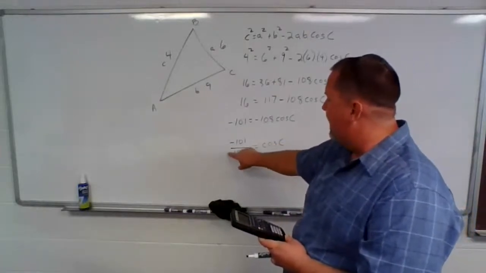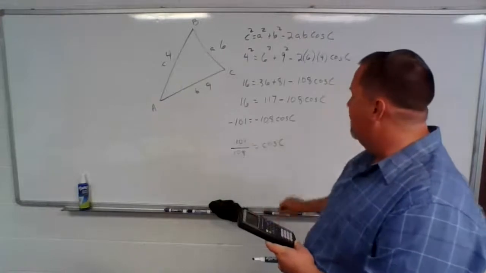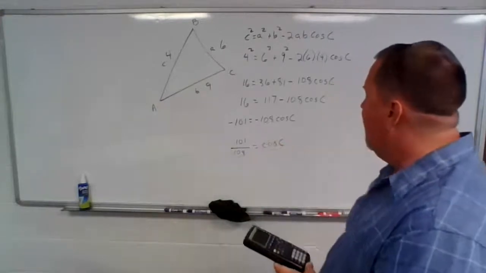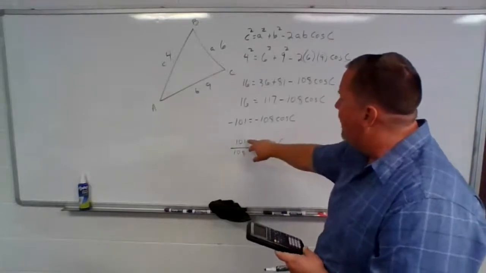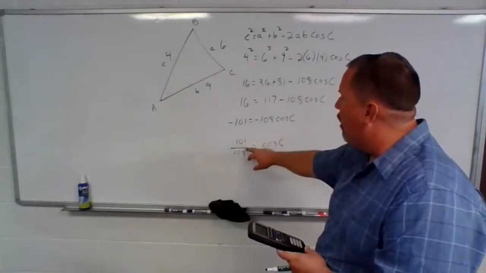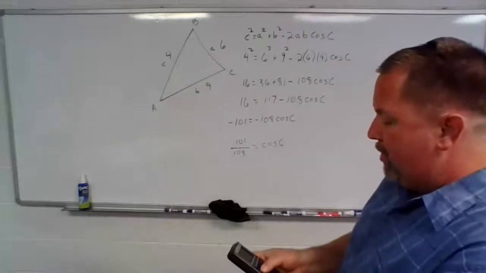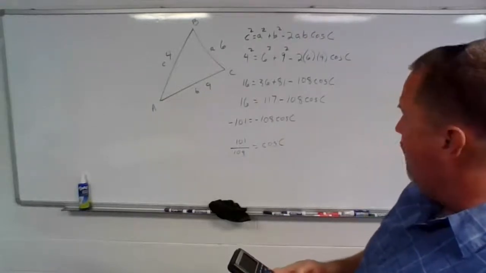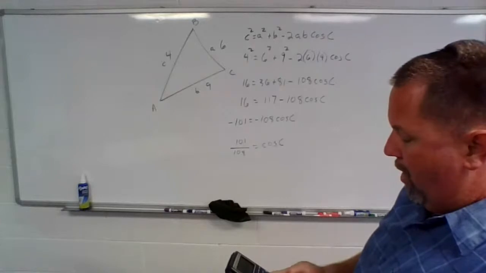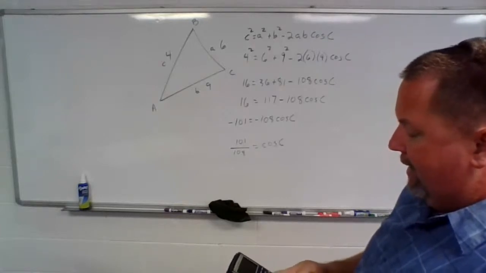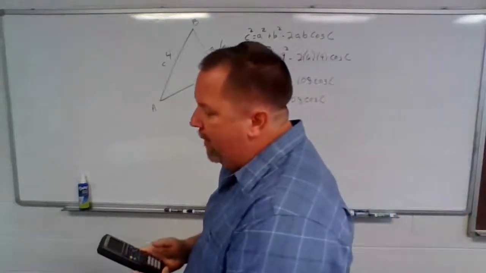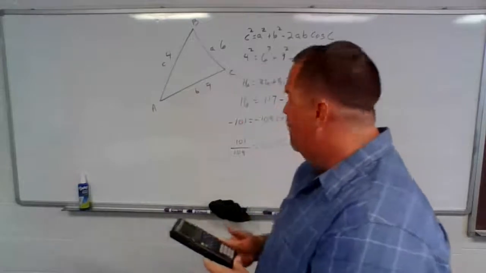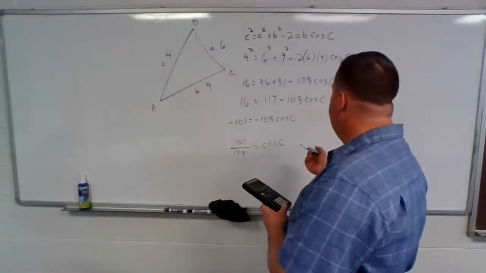And hopefully you understand my negatives cancel out. Cosine C is 101 divided by 108. That means C is inverse cosine of this, or arc cosine. So I'm going to do arc cosine, or second cosine, of 101 divided by 108. And I get for angle C 20.7 degrees, which is 21 degrees.